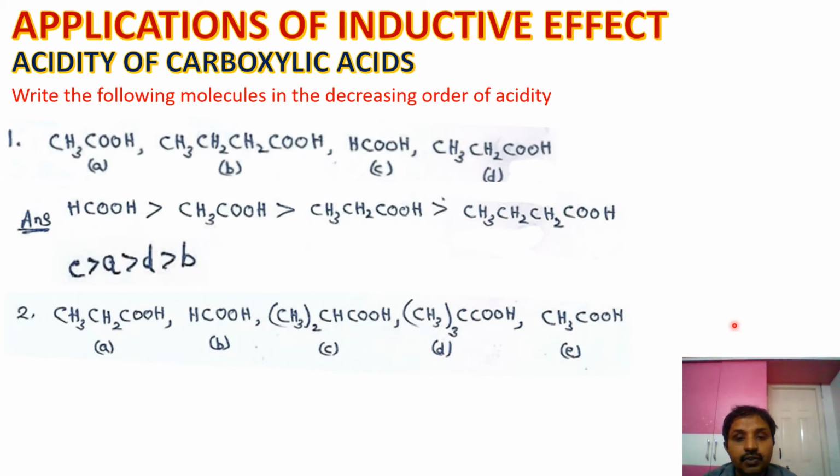So formic acid has the highest acidic nature, followed by acetic acid.